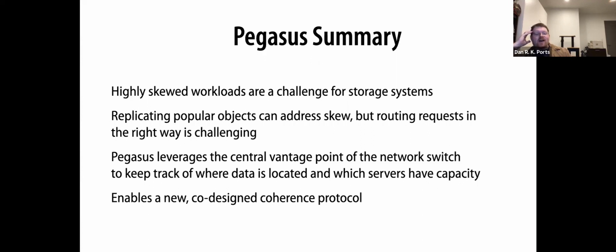And the next time that object is modified, we can simply increase the replication factor just by saying that when the next write request comes in, send it to, say, 3 servers or 5 servers instead of 1. And the switch can dynamically choose which servers to send that request to based on its monitoring of the load of the system.